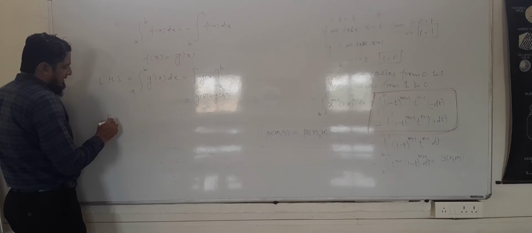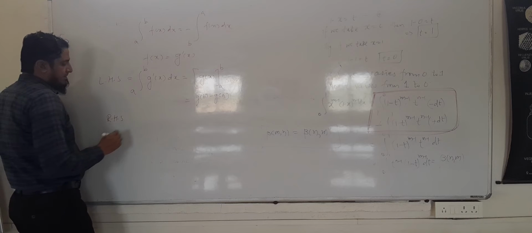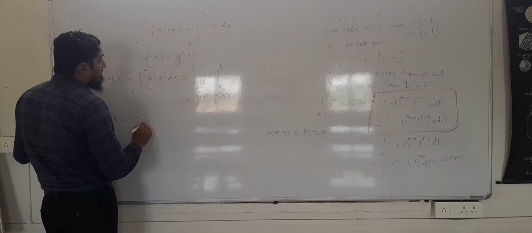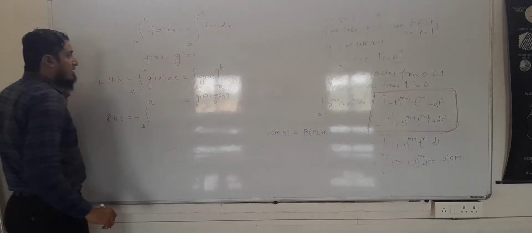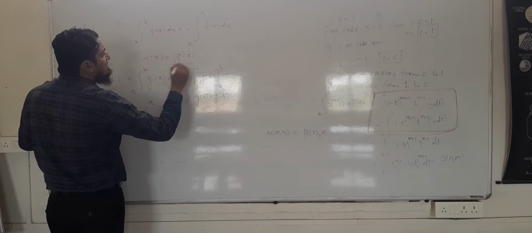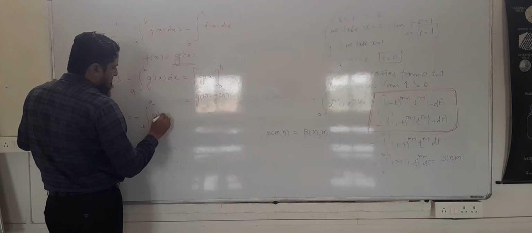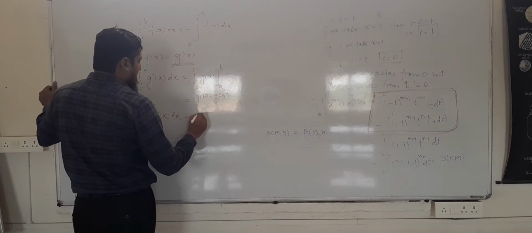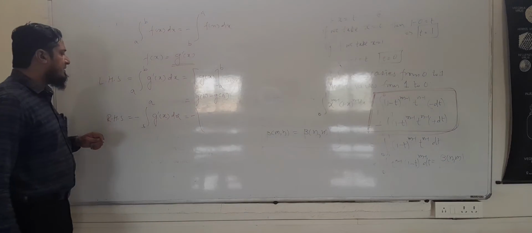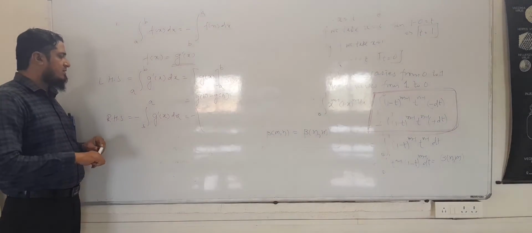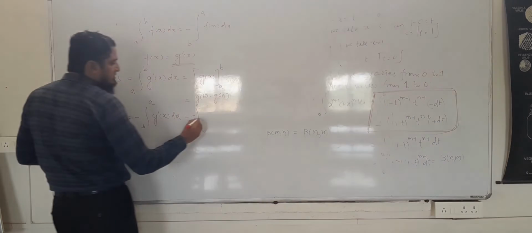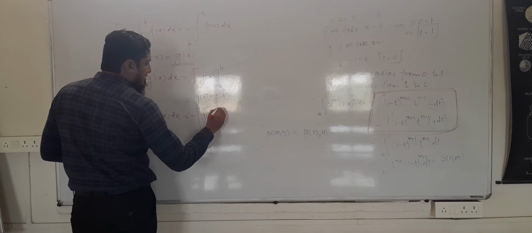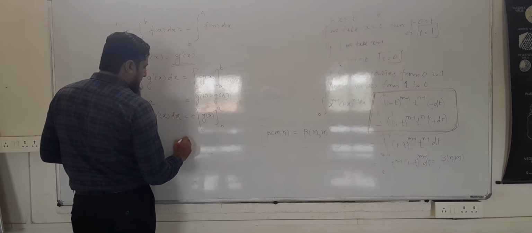Now the right hand side, with minus sign, b to a, f of x, we have taken g dash of x dx. Now as we already saw, integration and derivative are inverse to each other. We get g of x, limit from b to a.